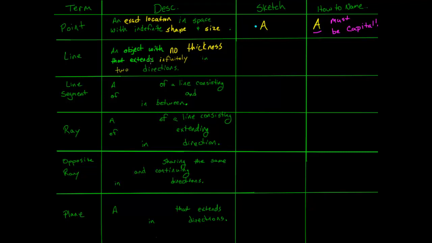Whenever it talks about infinitely, that means it never stops. Now, if we're doing an assignment where you're taking an image, I would expect the line to go all the way across the image, and that's what we could say is a line. You could say it extends infinitely in two different directions.